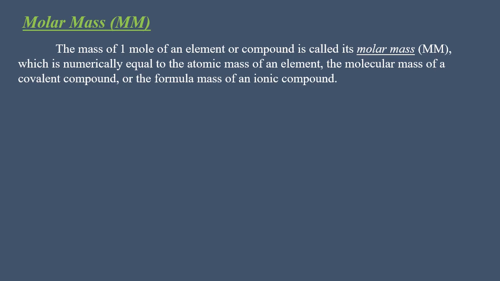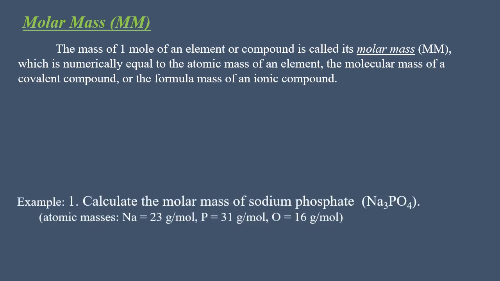It is expressed in grams per mole. The molar mass is obtained as the sum of the product of the atomic masses and the number of atoms of every element that comprise the compound.